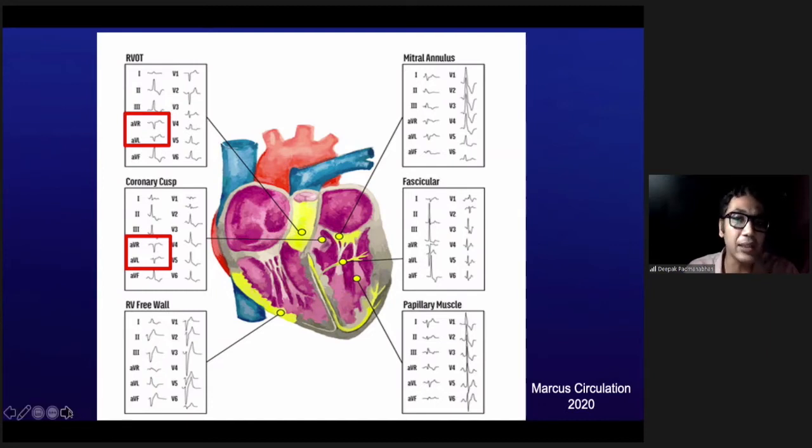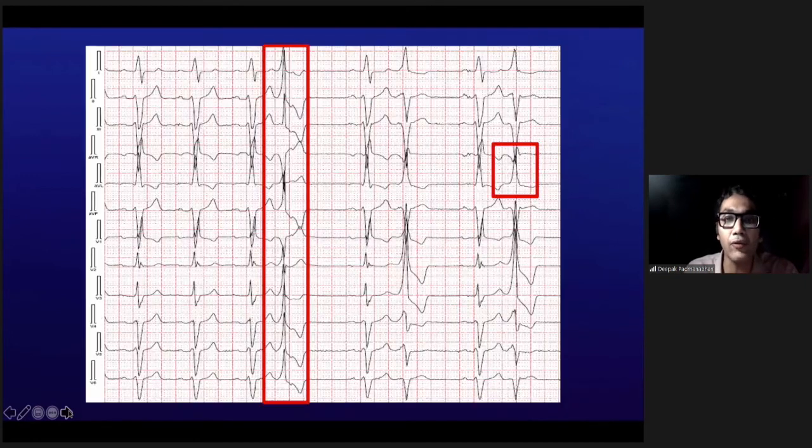So going ahead with this thought process, once we figured out that the arrhythmia is from the outflow tract, again, we look at AVR and AVL to figure out whether it's outflow tract or not. And this is the exception that I was mentioning. The AVR being negative and the AVL being positive indicates that this is coming from the inflow-outflow tract of the right ventricle close to the conduction system.